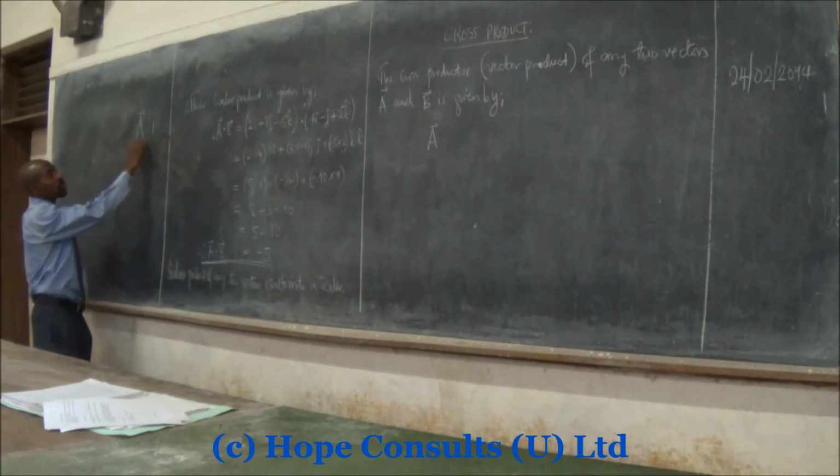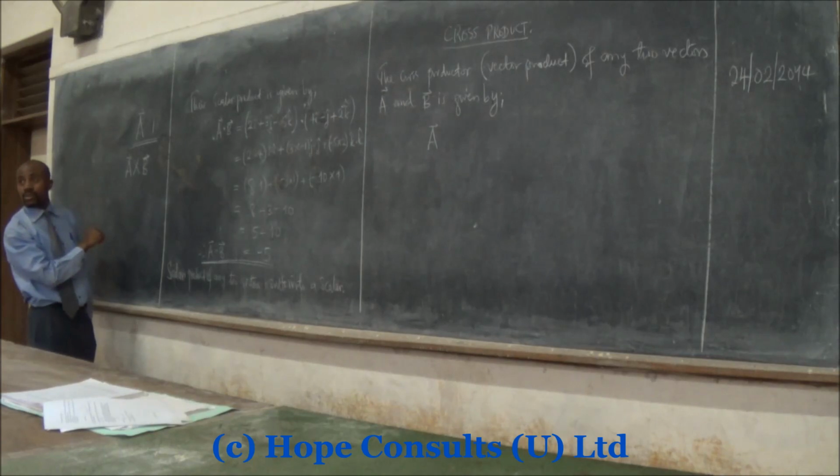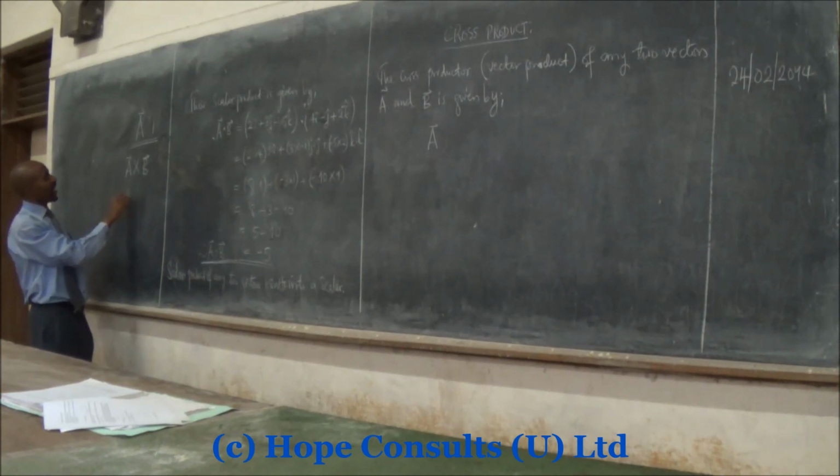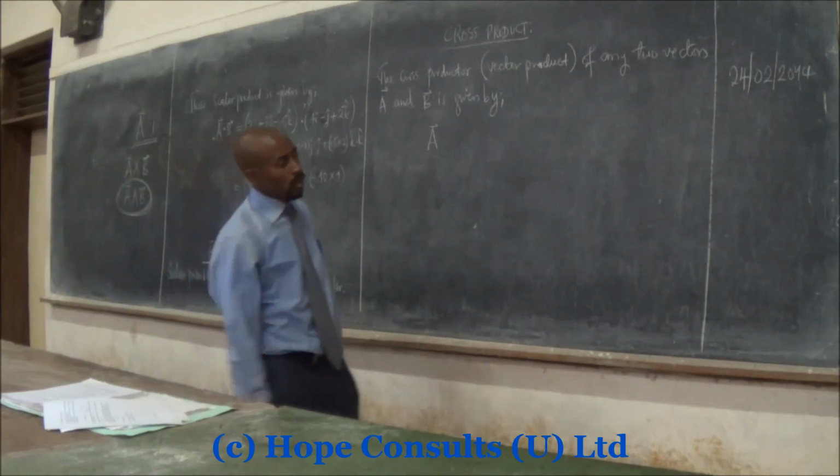So the cross product can be given as A cross B, which you are used to. But I prefer writing it as A inverted B. This is how I will be denoting my cross product.